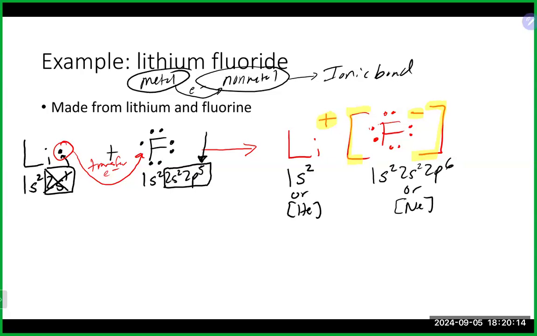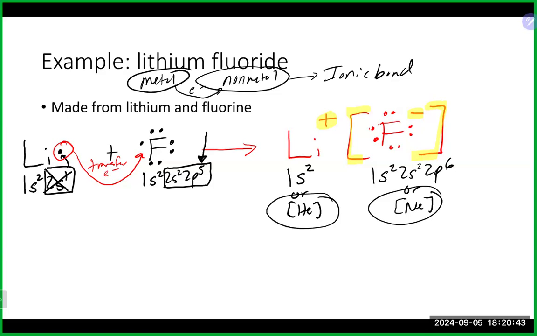Again, this is the purpose of bonding. Both lithium and fluorine in this case were both able to achieve noble gas configuration by transferring of the electrons from the metal to the non-metal. Much like we talked about when we were talking about electron configuration for our representative elements, the metal, when it loses electrons, will back up to the noble gas that comes right before it.